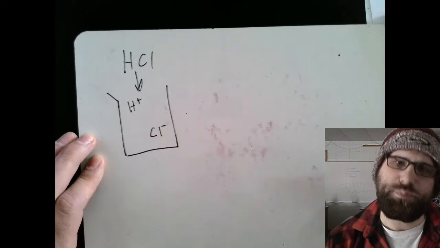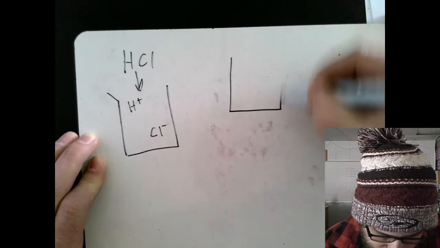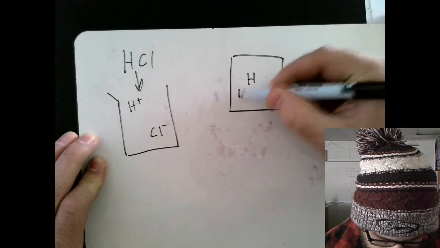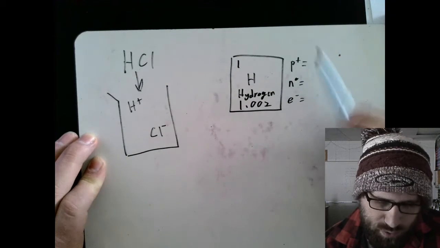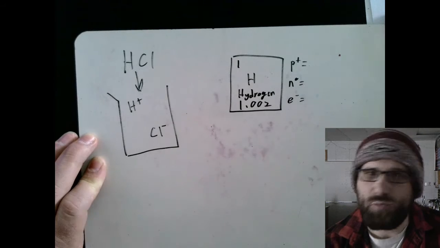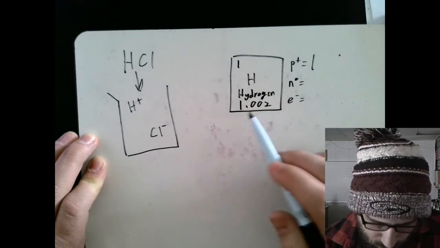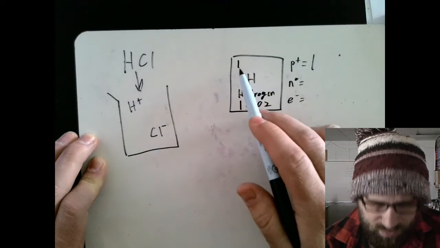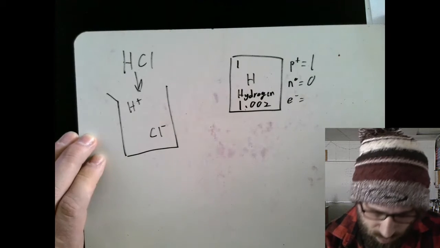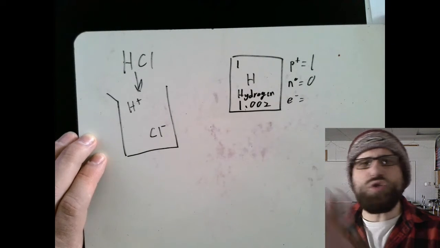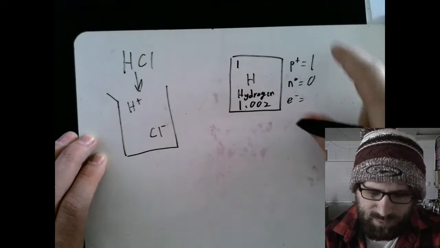What is that H+? Let's think about that. If we look at hydrogen on the periodic table, how many protons does hydrogen normally have? Well, 1. That's what makes it hydrogen. How many neutrons does it normally have? Well, we take our atomic mass, subtract our atomic number, which gets 0. Hydrogen has 0 neutrons. How many electrons would it have? Well, if it was neutral, it would have 1 electron to balance out its 1 proton.